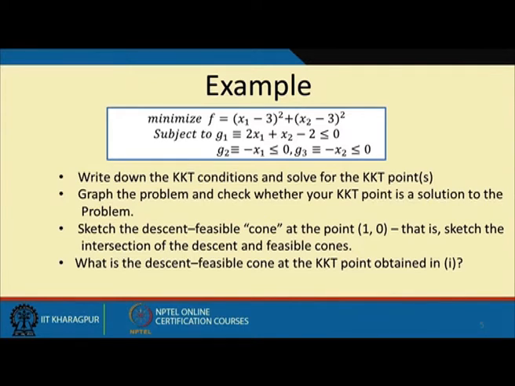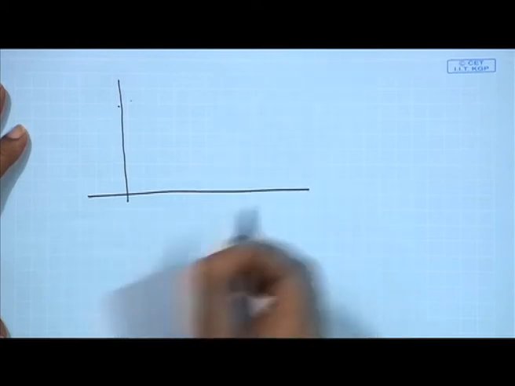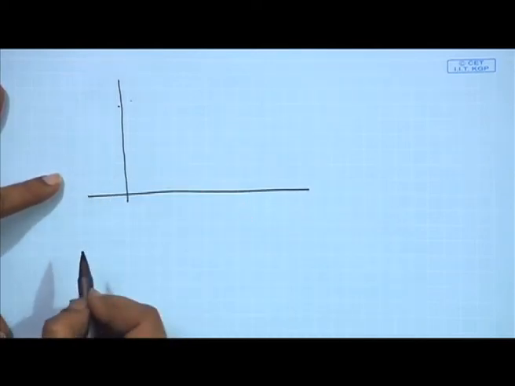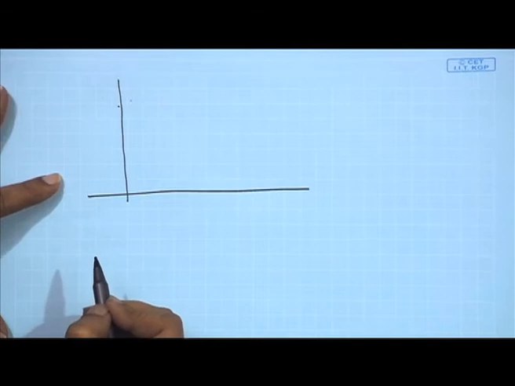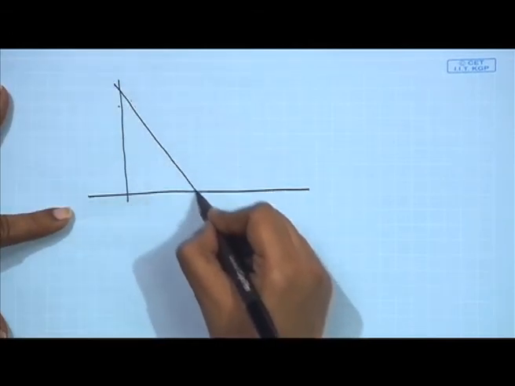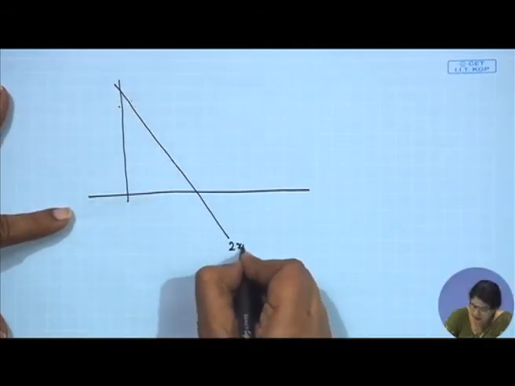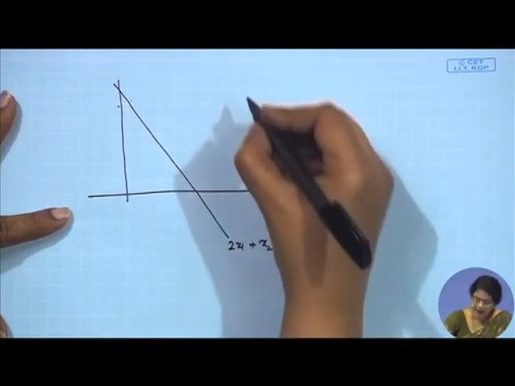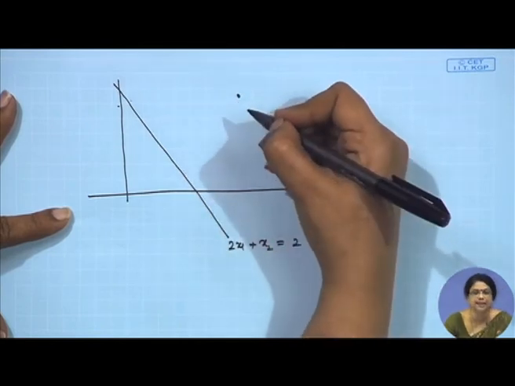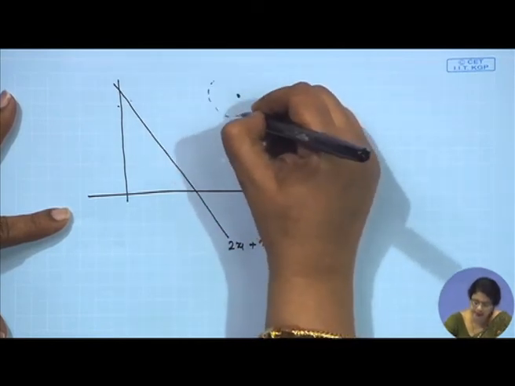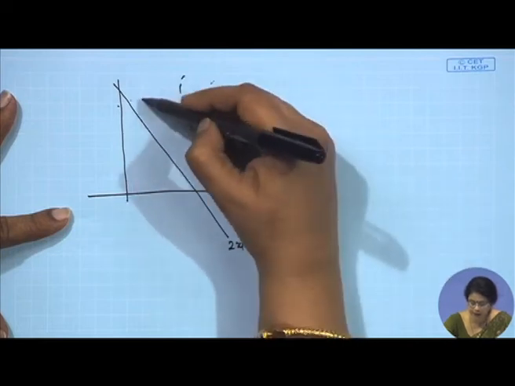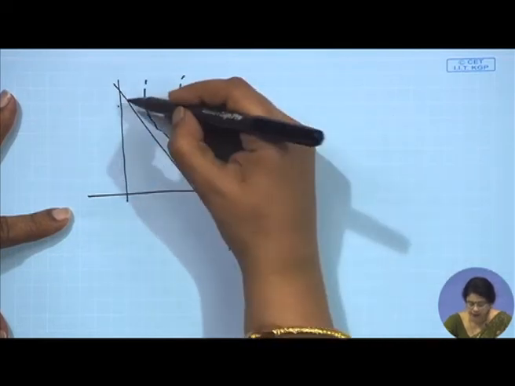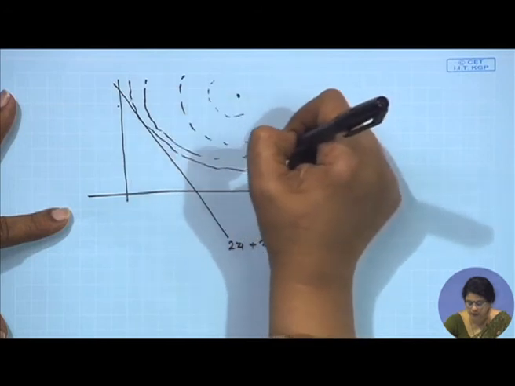Let us try to sketch what the solution would be for this problem. Now, our constraint is 2x1 plus x2 less than or equal to 2, that is why we can have this constraint, 2x1 plus x2 is equal to 2, and at 3, 3 we have the center of the circle, that is why this is the contour of the different circles, and here would be the optimal solution.